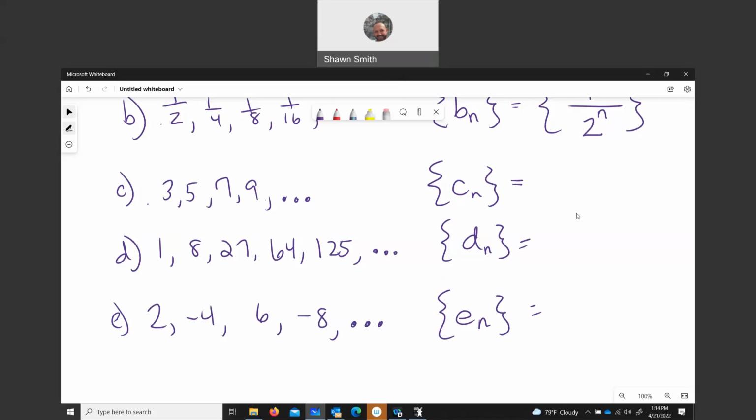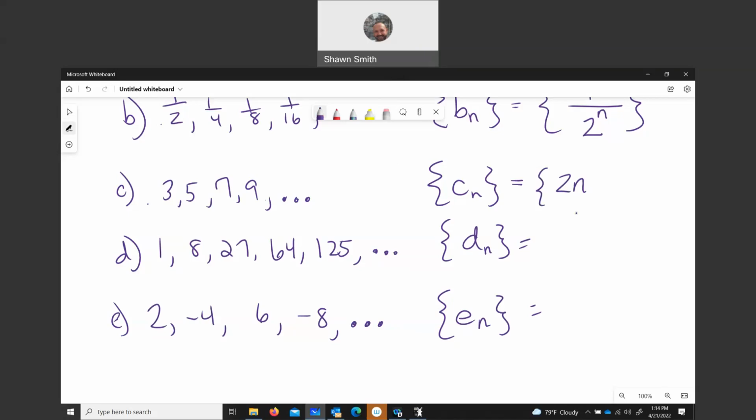All right, so 3, 5, 7, 9. So some odd numbers starting with 3. So you know you get even numbers. Multiply anything by 2, you get even, right? Well, odd is just 1 away from there, right? So if I say 2 times some number n, maybe the first term, that gives just 2, right?